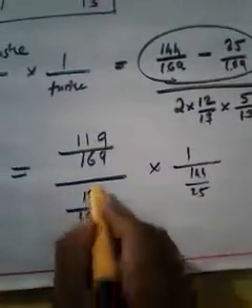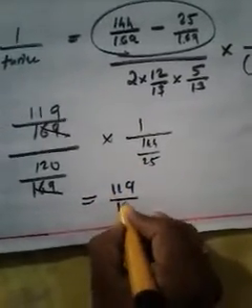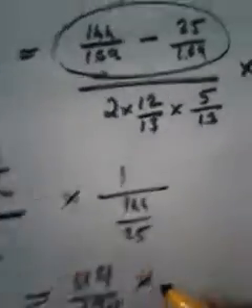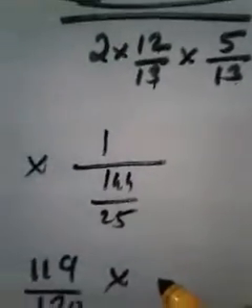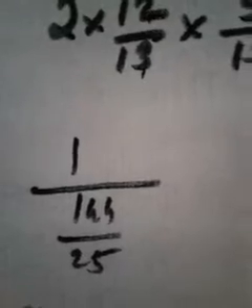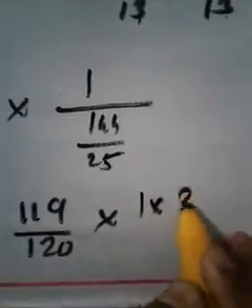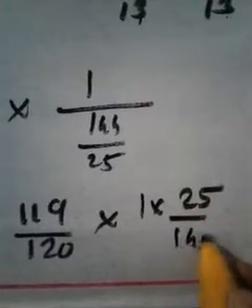Now you just see, these two terms will get cancelled. What will remain? 1 divided by 120 will remain. Then what is 1 by 144 by 25? How can you calculate that? This particular part, take the reciprocal and multiply. So it becomes what? 1 into 25 by 144, no?